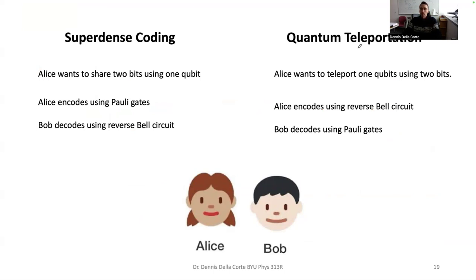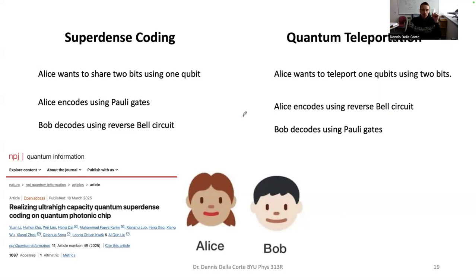In a quantum teleportation case, Alice wants to send 1 qubit using 2 bits. Wonderful. They use a very similar structure. For superdense coding, Alice encodes using Pauli gates, and Bob decodes using a reverse Bell circuit. In the other case, Alice encodes using a reverse Bell circuit, and Bob decodes using Pauli gates.